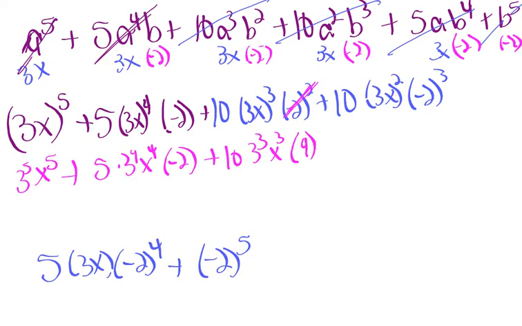That's going to be a 4, plus 10, we can go ahead and do this one. 3 squared x squared is just 9x squared, and -2 cubed is -8. And remember, these are all multiplying.